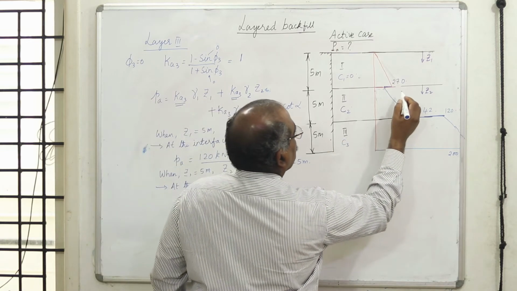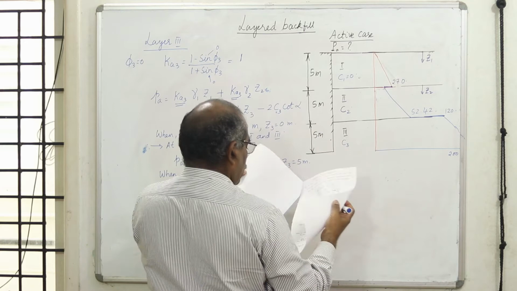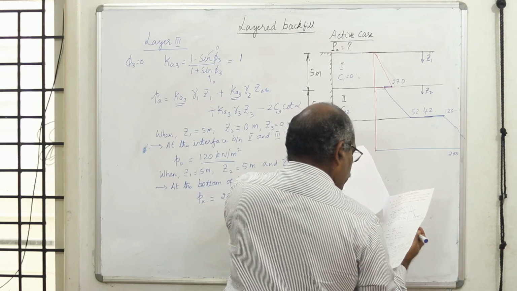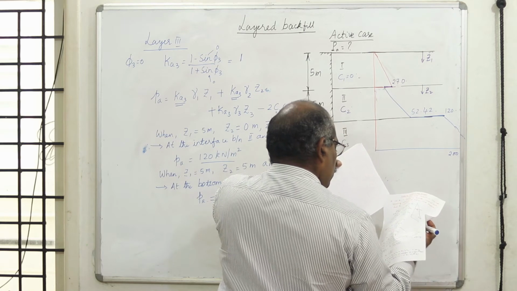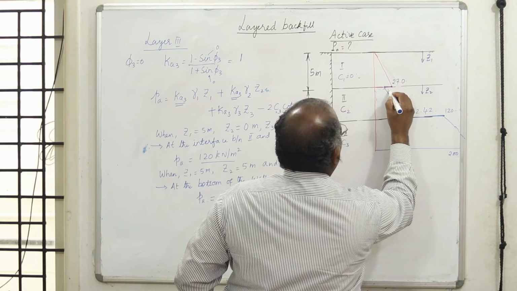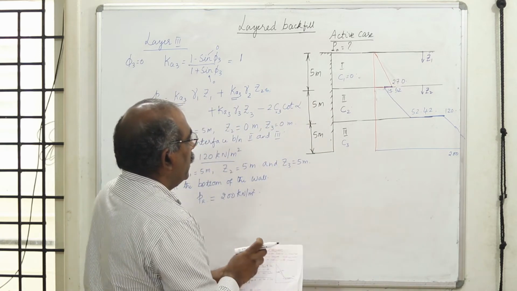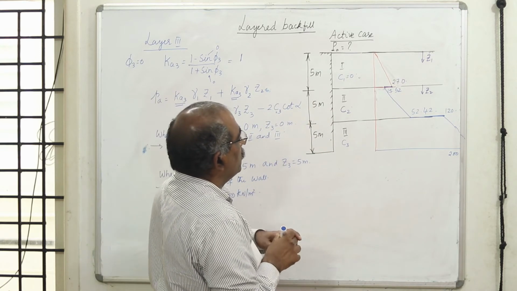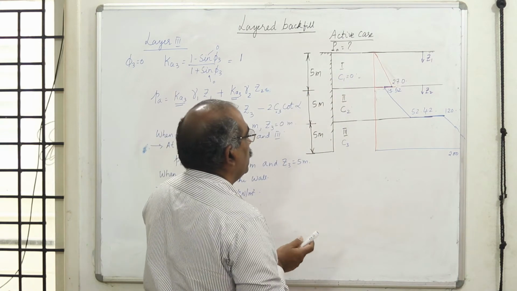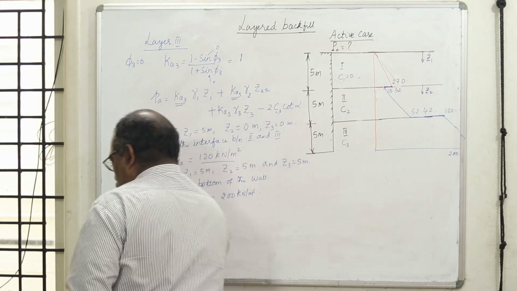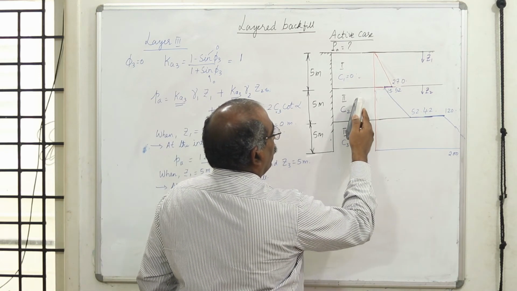Now at this interface from 27 it is coming to I think 15.52. So that is the difference. Now students, you need to understand, in case you had all three layers cohesionless, then the diagram depends upon the values of phi 1 and phi 2.